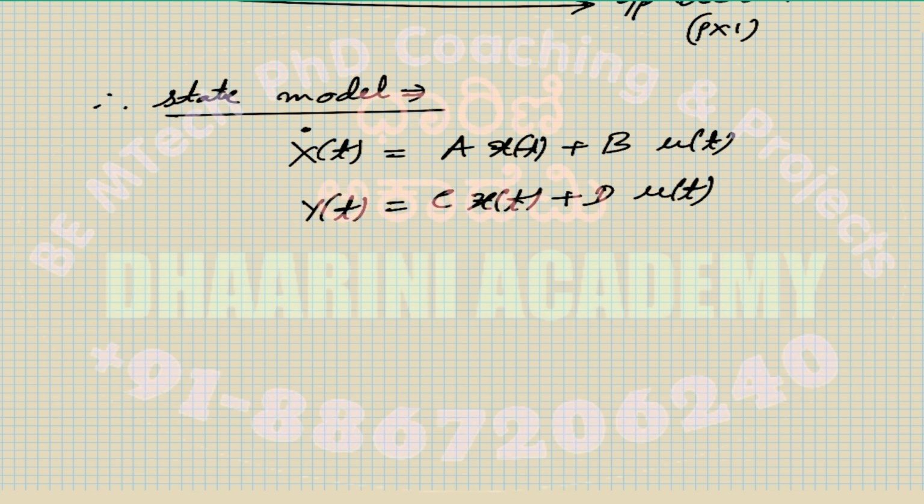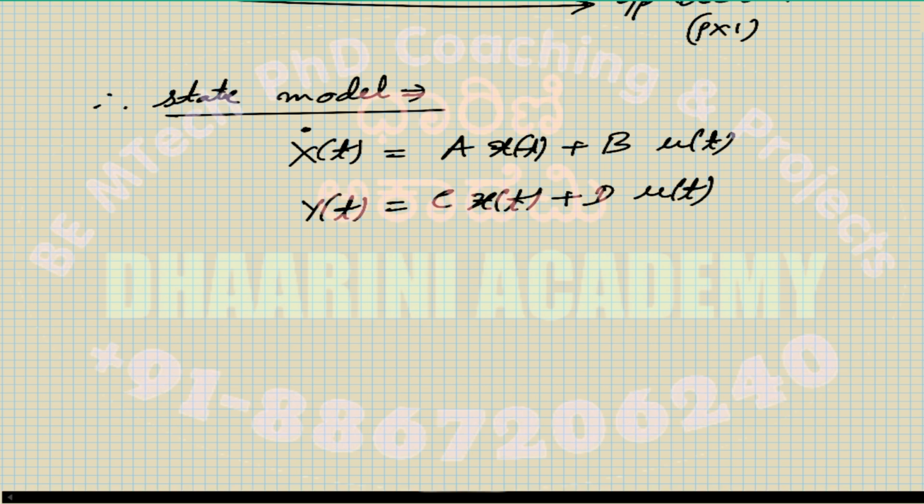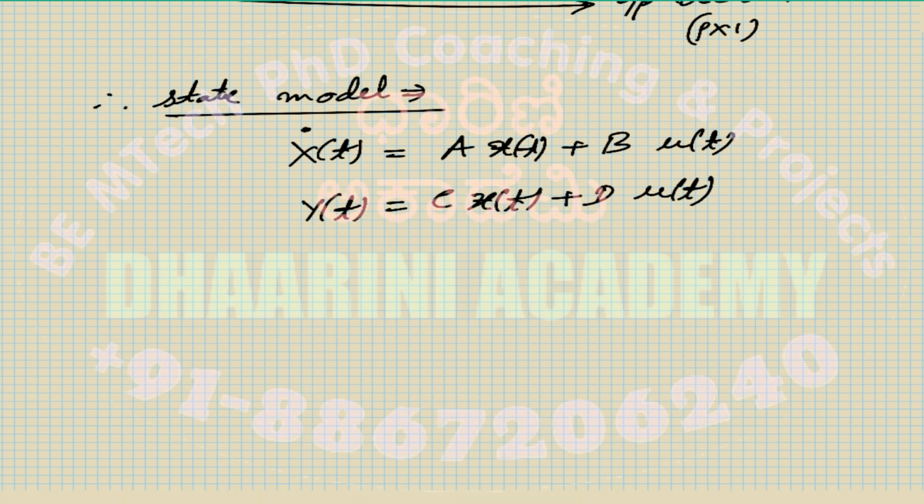Okay, now, yeah, so there is one difference when the system becomes time variant. When the system becomes time variant, A, B, C, D are not constant. As of now, it is constant because we are assuming a time invariant system, right?